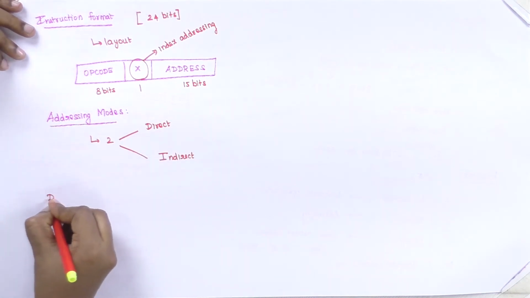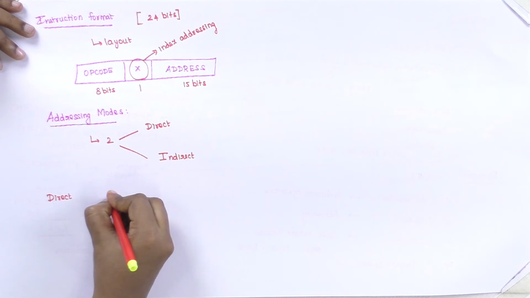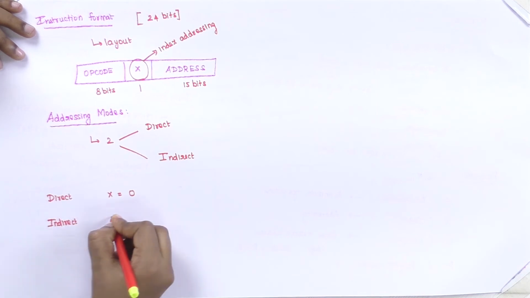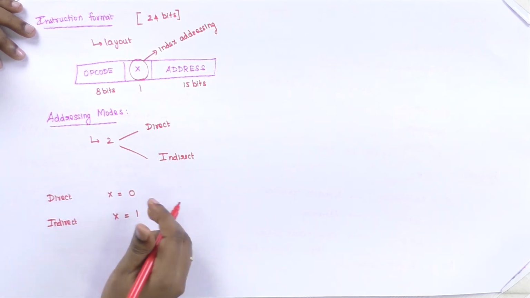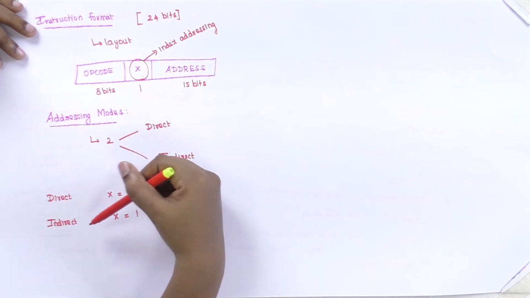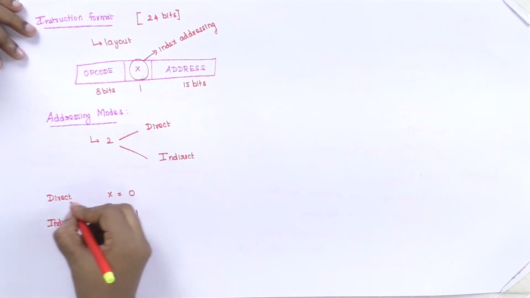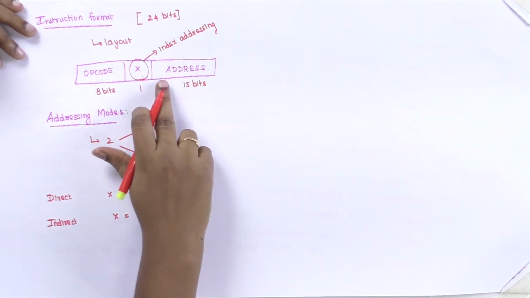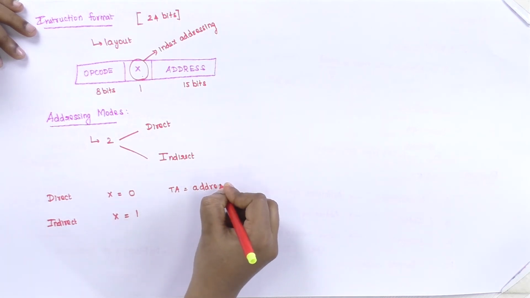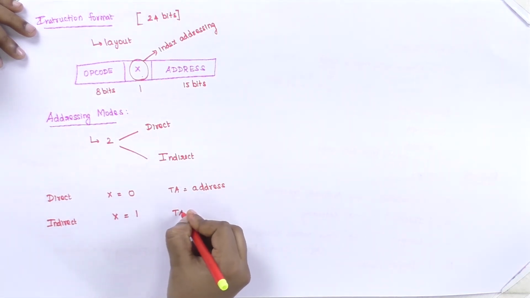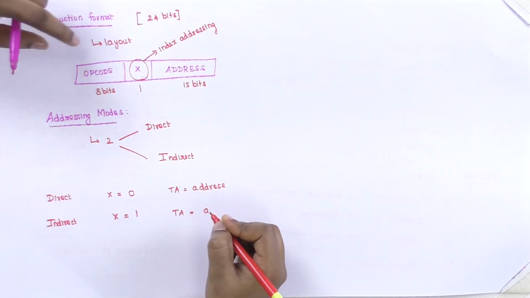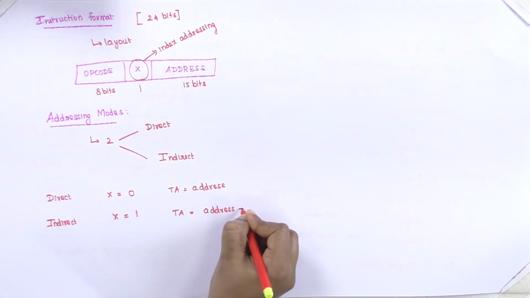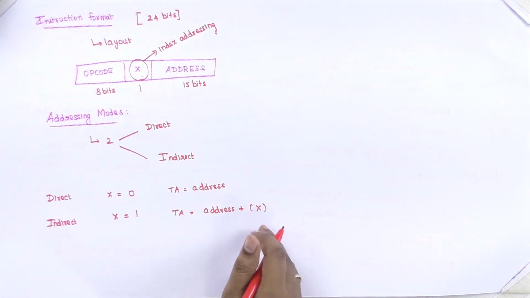In direct addressing mode, our X value will be 0, and in indexed addressing mode, our X value will be equal to 1. The target address for direct addressing is the address that has been mentioned in the address field itself. And for indexed addressing, the target address is calculated as the address mentioned in the address field plus the value that is stored inside the index register.